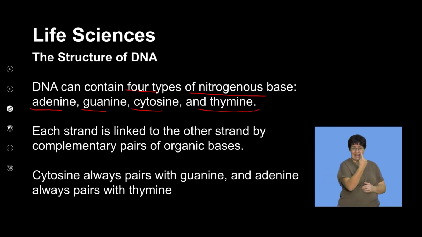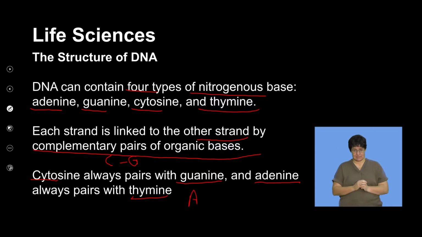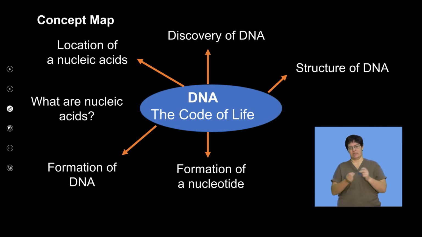Each strand is linked to the other strand by complementary base pairing of your organic bases. As I mentioned, cytosine will always base pair with guanine, so C and G will always base pair together, and your adenine and thymine will always base pair in that complementary nature together. So that's the structure of DNA.